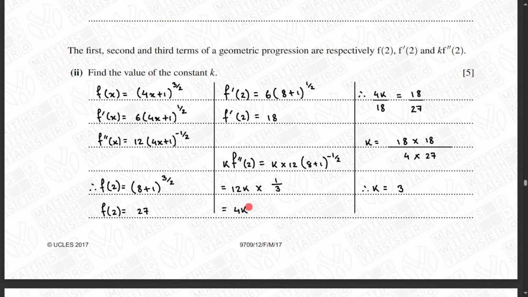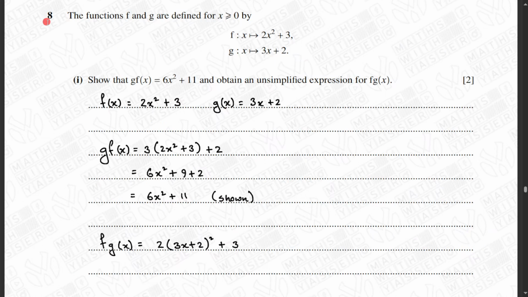So 4k, which is the third term, divided by the second term, which is 18, must be equal to the second term divided by the first term. So 4k by 18 is equal to 18 over 27. If I simplify this and make k the subject, I get 18 times 18 over 4 times 27. And that will give us the value of k, which is 3.